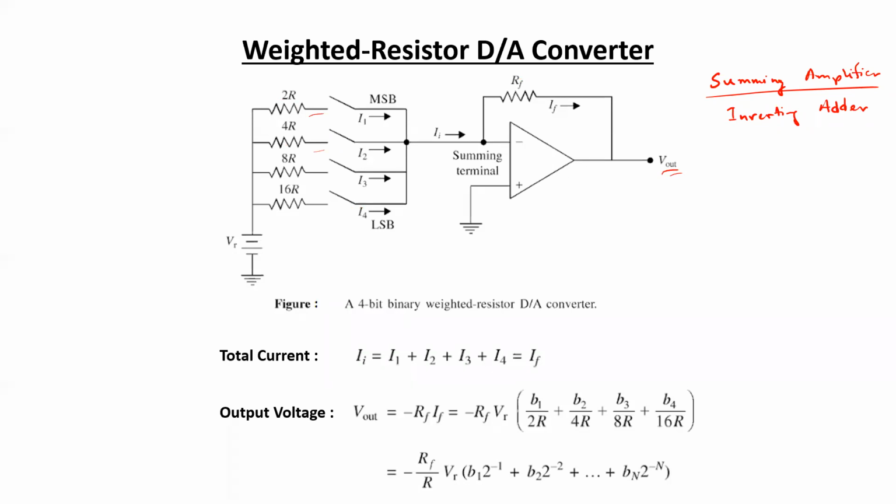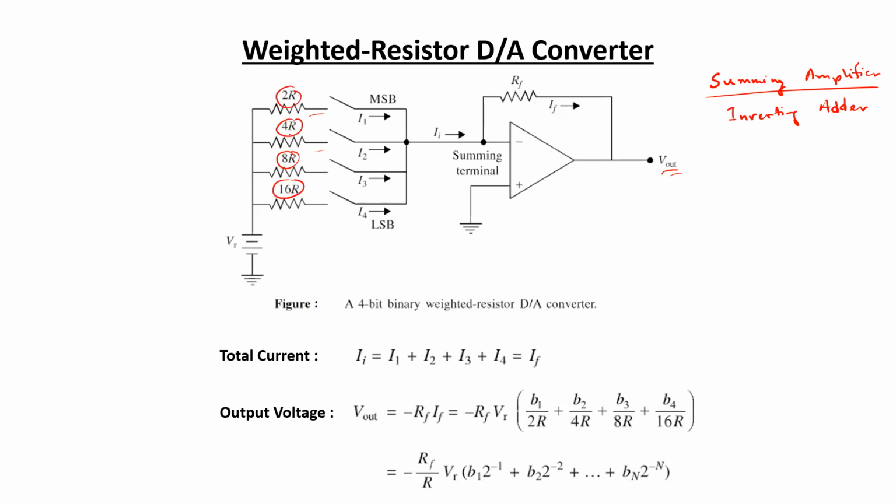So in general, it can be a summing amplifier. This inverting adder or summing amplifier circuit is going to be used as a digital to analog converter with some conditions imposed upon the values of the resistances. The values of the resistances, you can see, are in weighted proportion.